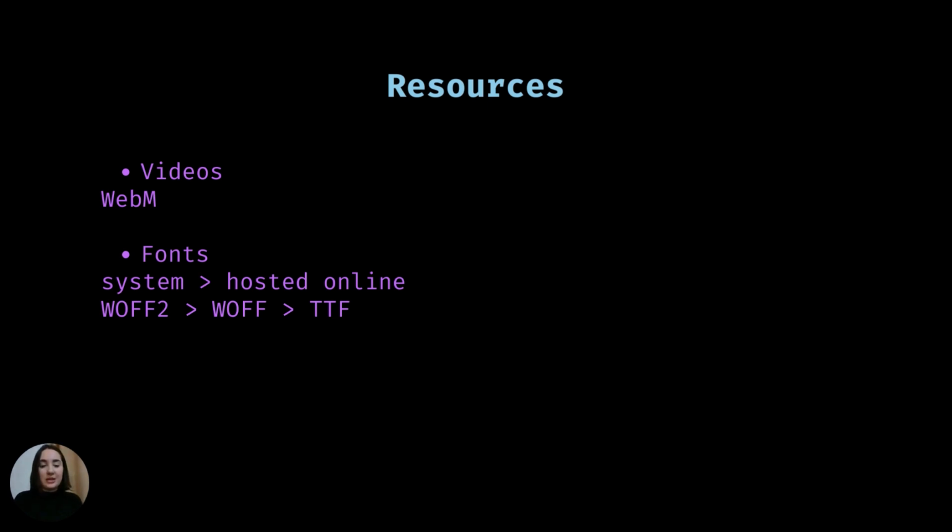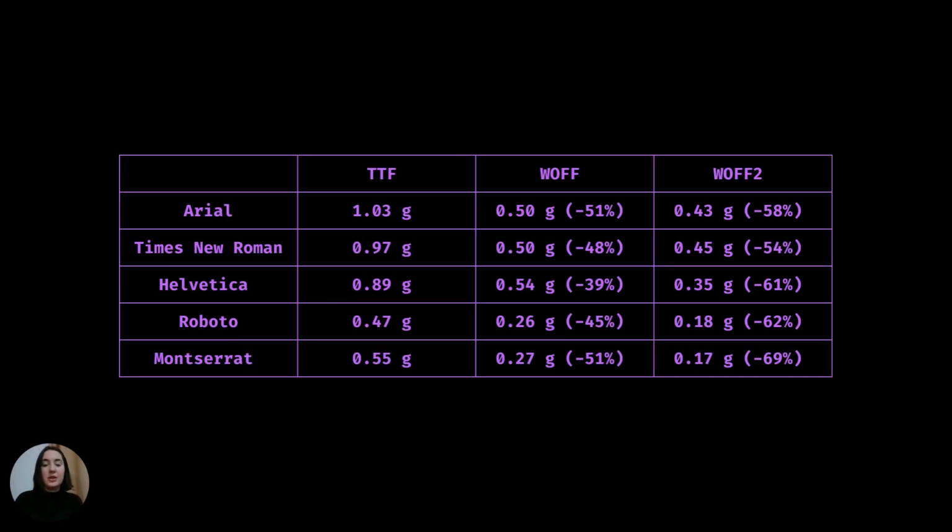And then when it comes to formats of fonts, the very popular format is called TTF, but some newer, more compacted formats are WOFF or WOFF2. And here you can see a table which shows the dependencies. So for example, the size of TTF of Arial.